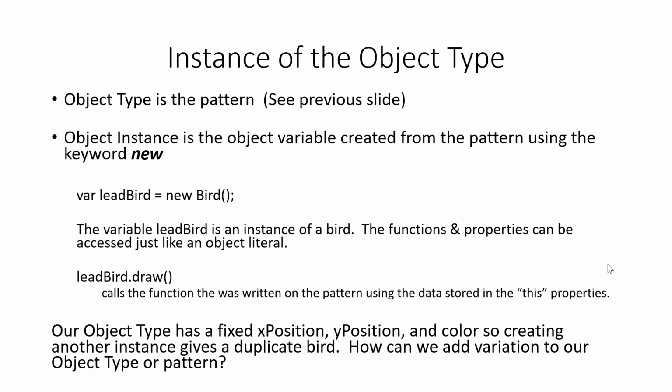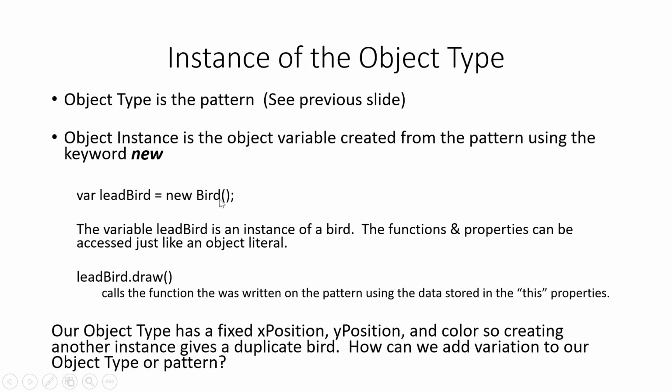So when we actually want to get an instance of that object type, stamp that pattern out and put some data in there and give me a variable that's using it, we use the new keyword. So here's an example. We're saying var, and then our variable name is leadBird, and assign that a new Bird.